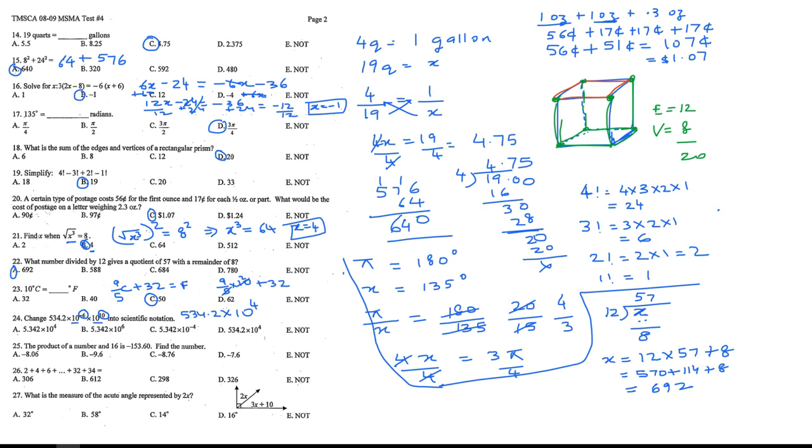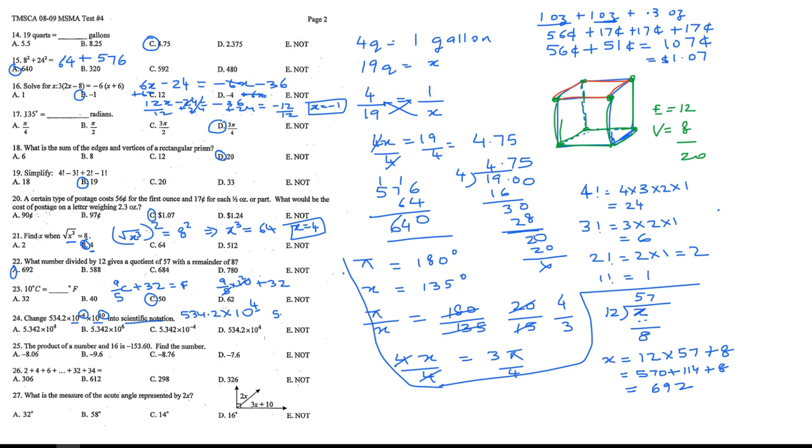Now whenever we have to write the number in scientific notation, remember that the decimal has to move to the position which is immediately after the first number. So if I do that, then I will have to increase the power of 10 from 4 to 6.